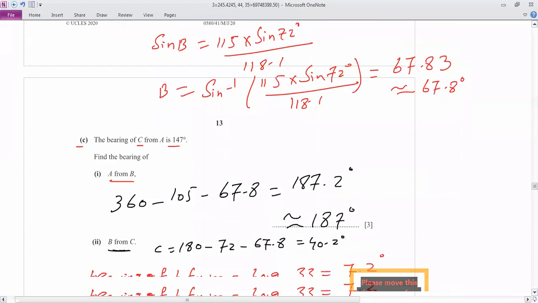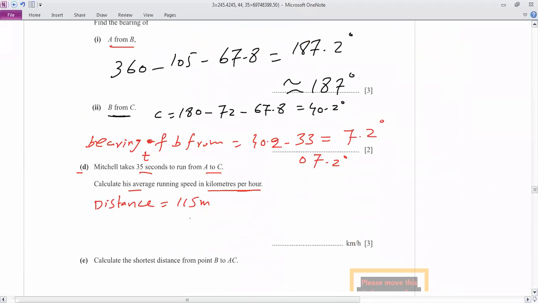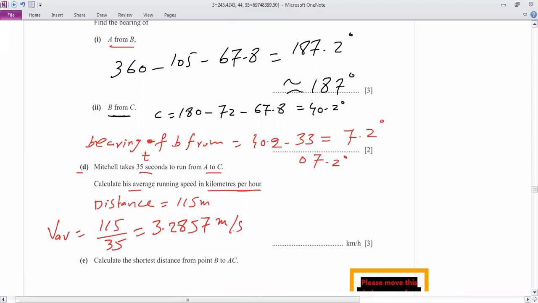To find the average speed in kilometers per hour, first find the average speed. What will be average speed? Total distance divided by total time. That is 115 divided by 35, which gives you 3.2857 meters per second. But we need to convert meters per second into kilometers per hour. What is the rule for changing meters per second into kilometers per hour?